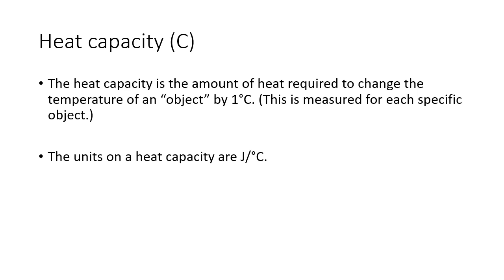This is a bit different than the specific heat capacity because the specific heat capacity is specific to a certain type of material, whereas the heat capacity can be measured for a whole object that is maybe made up of a bunch of different things. And the difference between the two is the units. In the specific heat, the units include a gram value, whereas you're going to notice here that the units on a heat capacity are just joules per degree Celsius.